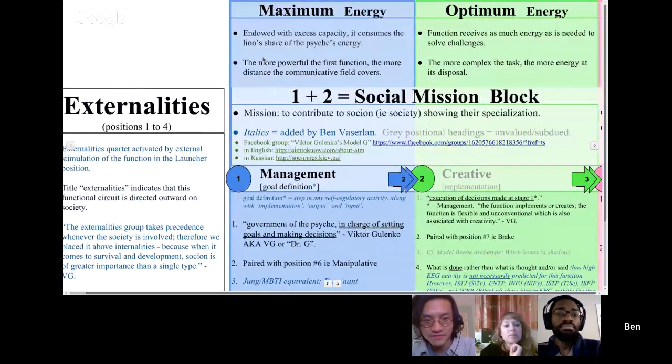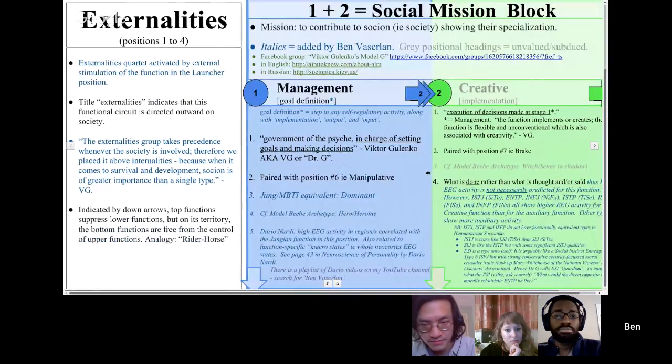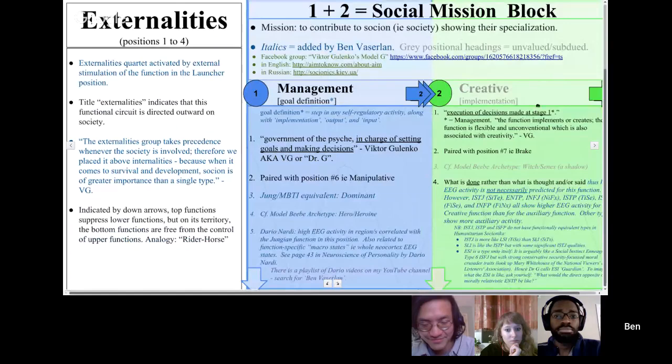So it consumes the lion's share of the psyche's energy. The more powerful the first function, the more distance the communicative field covers. So people might say that I indulge TI in NE because it's like maximum energy. So it's used even more than is optimum. And you could say that with certain people, they just stay in their lead function.